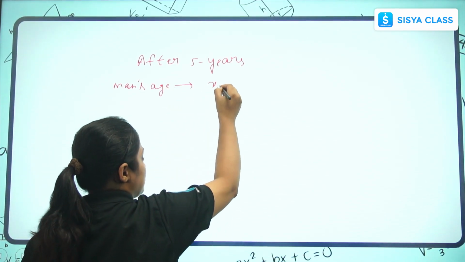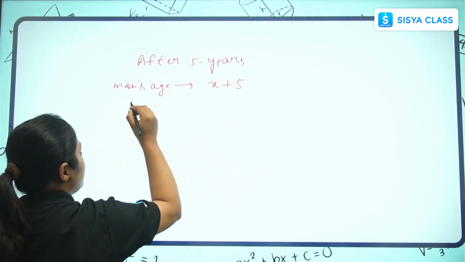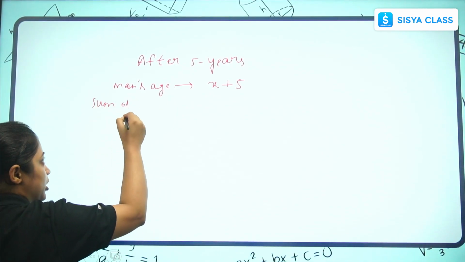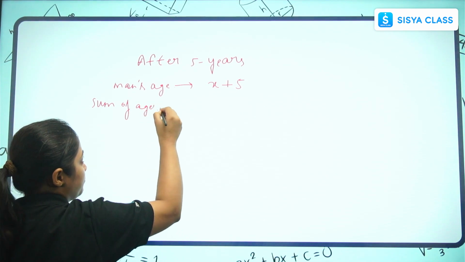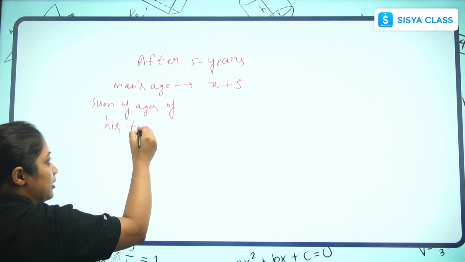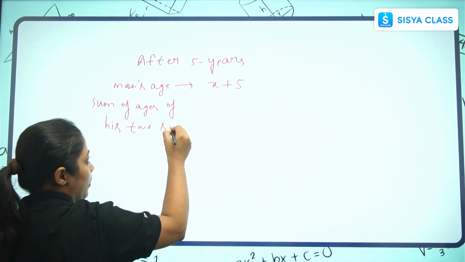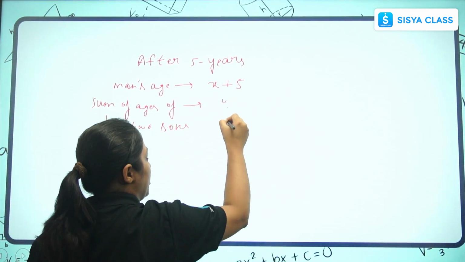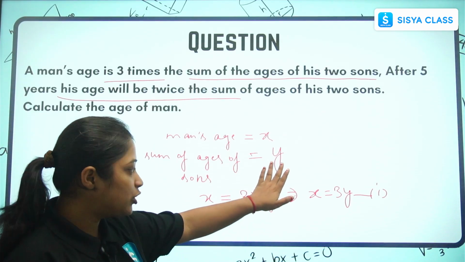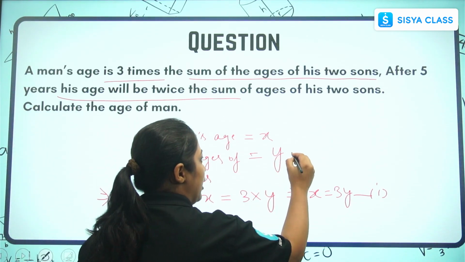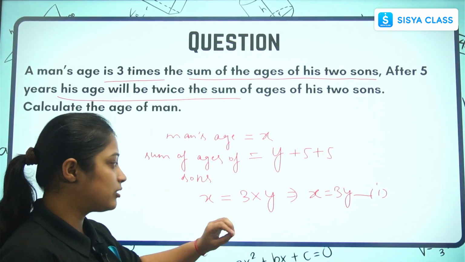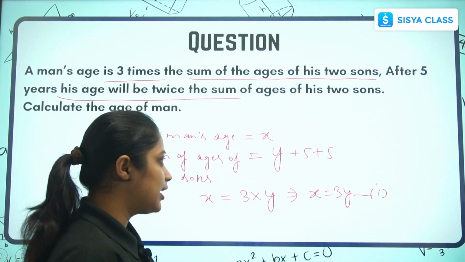And after 5 years, the sum of ages of his 2 sons is y plus 10, right? It is y plus 10 because it is the sum of ages of his 2 sons. So we will add 5 plus 5, because after 5 years the sum will be y plus 10.